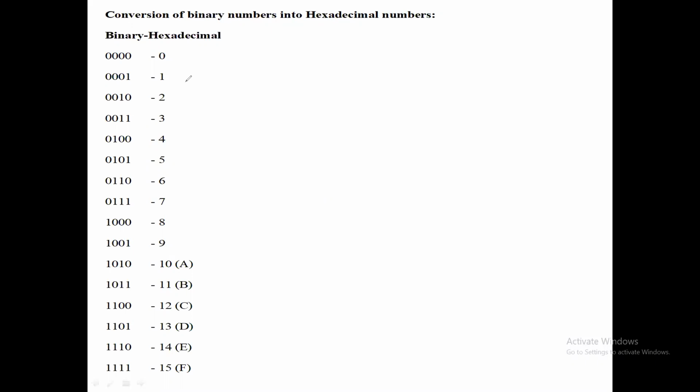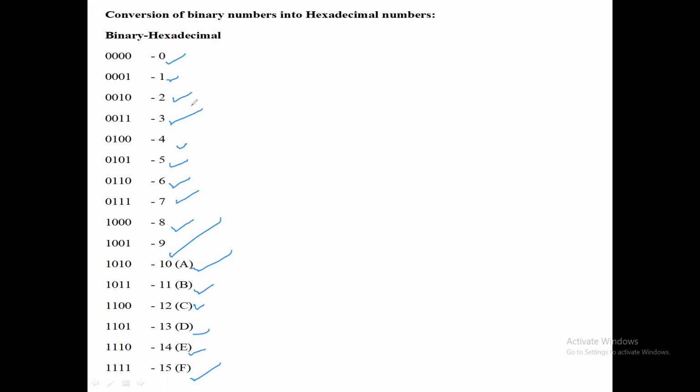You can remember it. 0000 is represented by 0, 0001 is 1, 0010 is 2, 0011 is 3, 0100 is 4, 0101 is 5, 0110 is 6, 0111 is 7, 1000 is 8, 1001 is 9, 1010 is A, 1011 is B, 1100 is C, 1101 is D, 1110 is E, 4 ones is F.